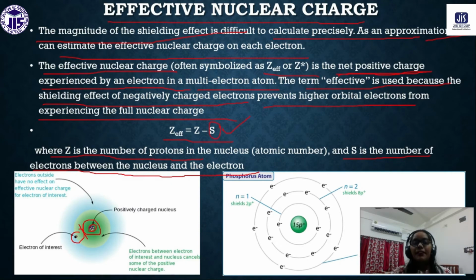S is how many electrons there are, other than this outer orbital electron, revolving around the nucleus. We have to calculate that first, and that is the value of S. So this is called Z effective.